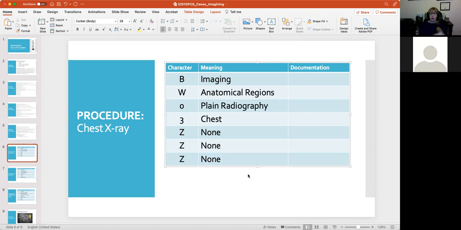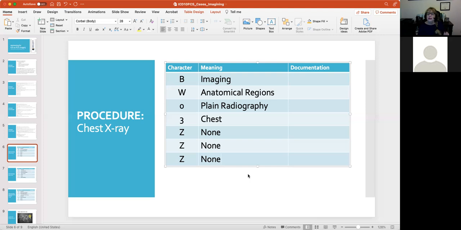And when you look in your PCS table for BW0, you will see that you don't have to make any more decisions. But remember, you always have to put the placeholder. BW03 is not an acceptable PCS code. All PCS codes must have 7 characters.